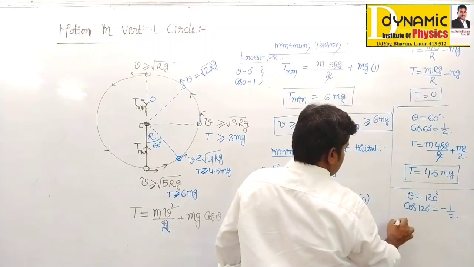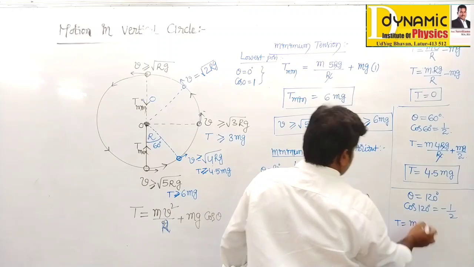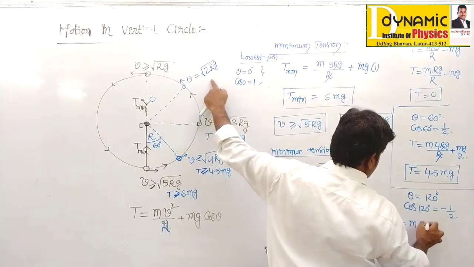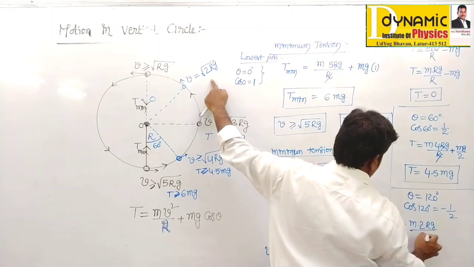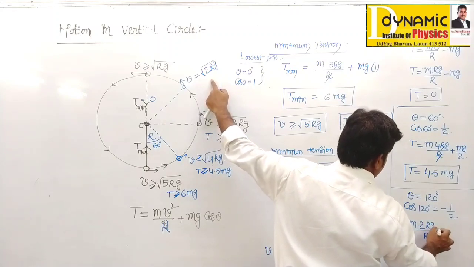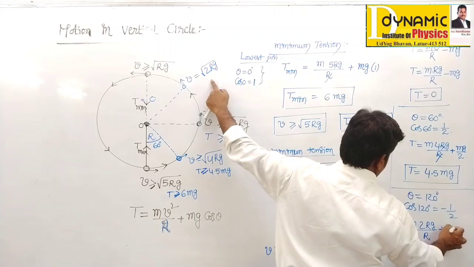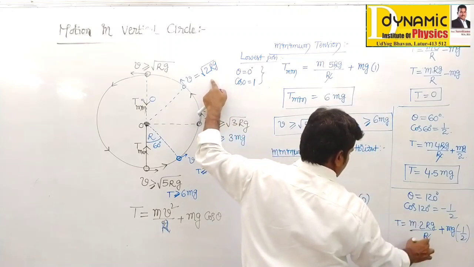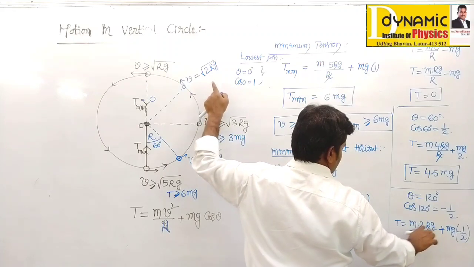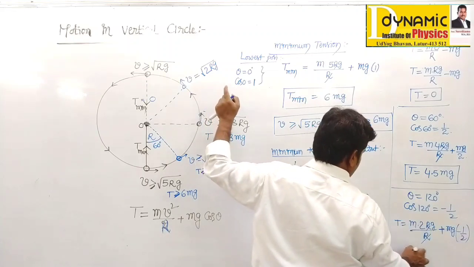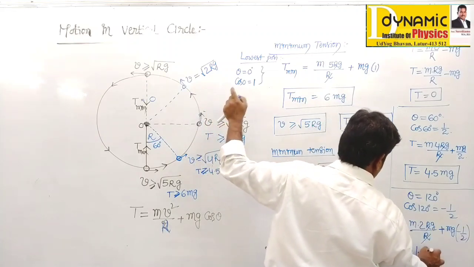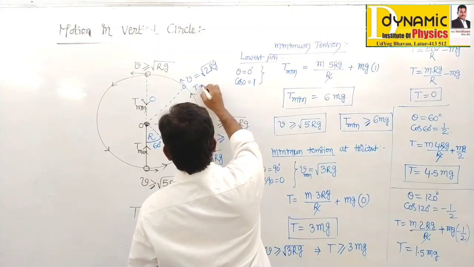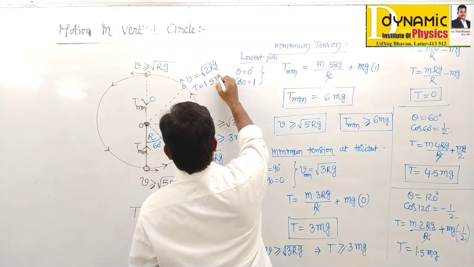We want T equals m times v square, with velocity square 2 rg upon r, plus mg into minus a half. So 2 mg minus 0.5 mg is 1.5 mg. This is the tension. Here the tension is 1.5 mg.